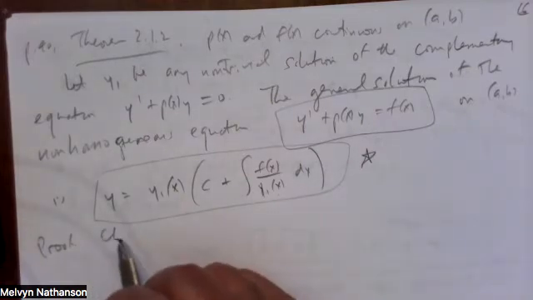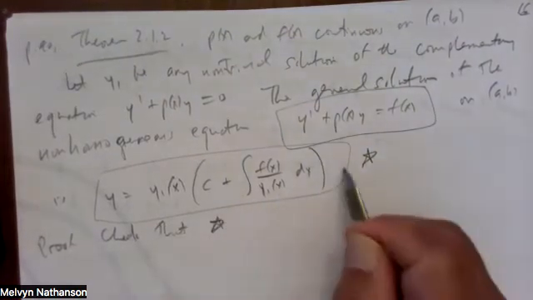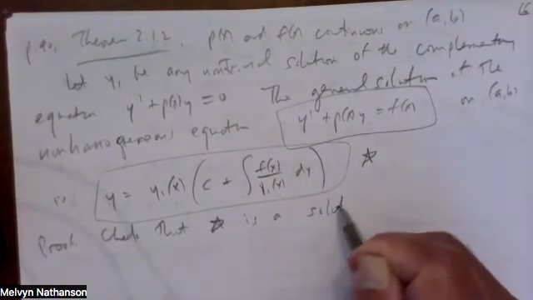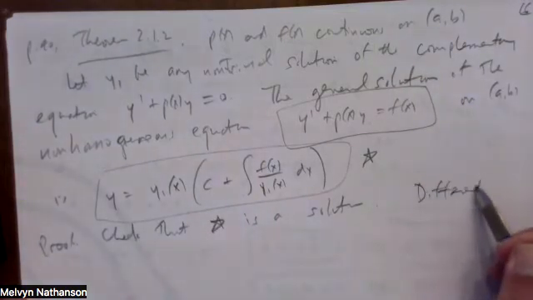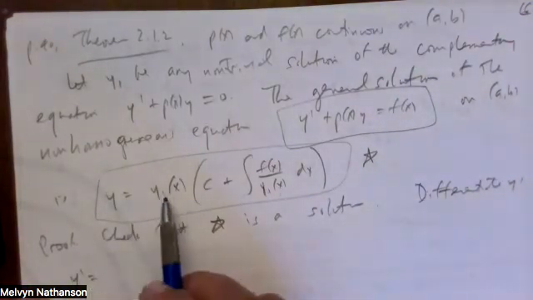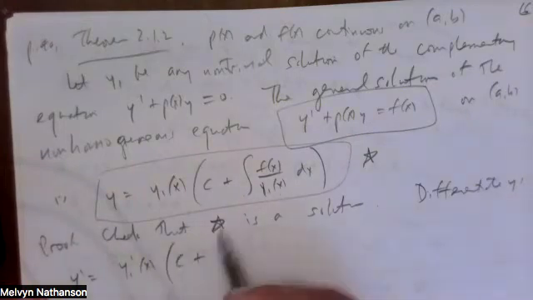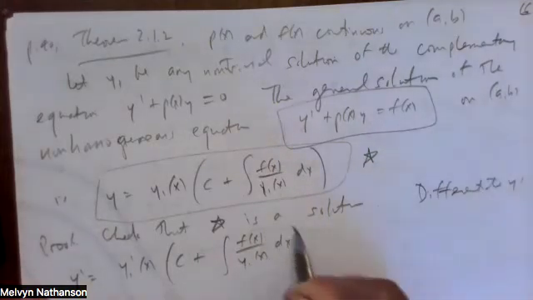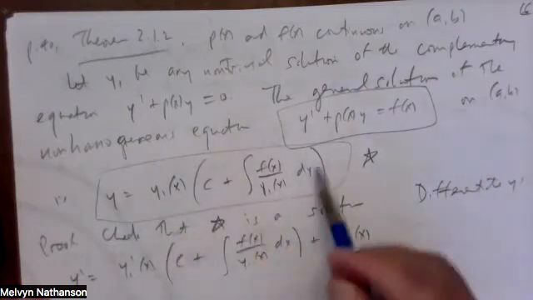So the first step is to check that this function I gave a start to is a solution. That means you have to differentiate y. So y prime, by the product rule, is y1 prime of x times c plus the integral of f of x over y1 of x dx, plus y1 of x times the derivative of this.